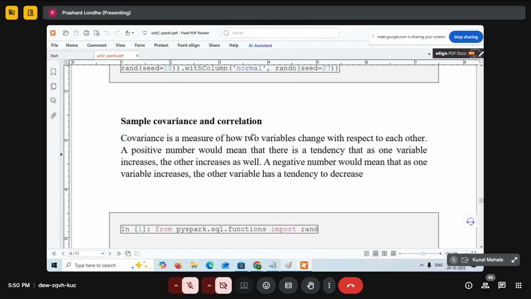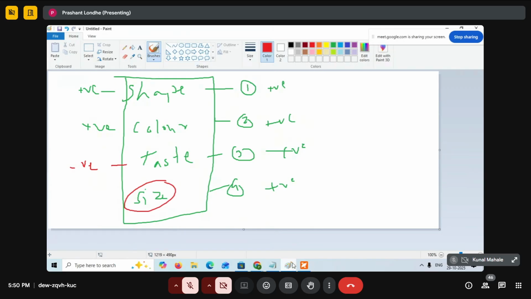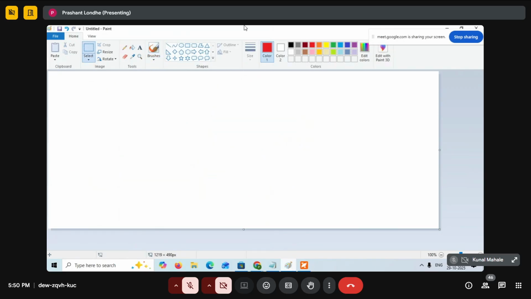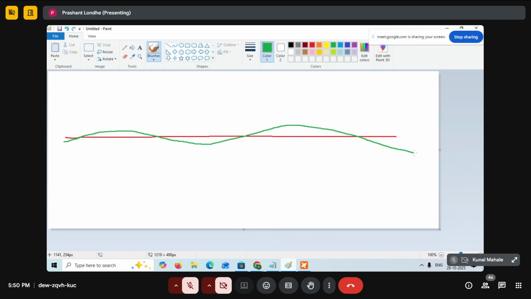Next is the covariance and the correlation. We know the concept of covariance. For example, if there are certain fixed things in a world, and they have a property which is denoted as a straight line, and we have developed a model, and our property is coming like this. Whatever difference you are getting is known as covariance.